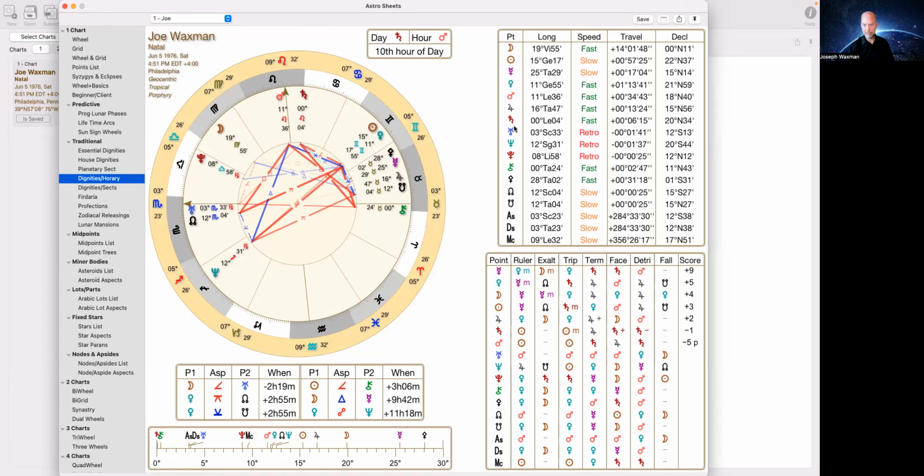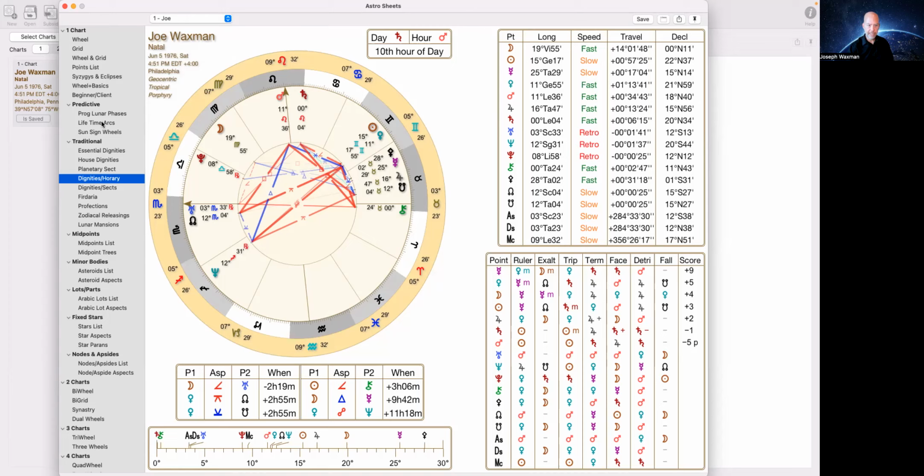So you can see my three outer planets are retro. So I'm not going with the crowd on a spiritual level, religious, philosophical, spiritual. I mean, that would tend to be Jupiter, but Jupiter's a little more mundane. The outer planets are even more refined.